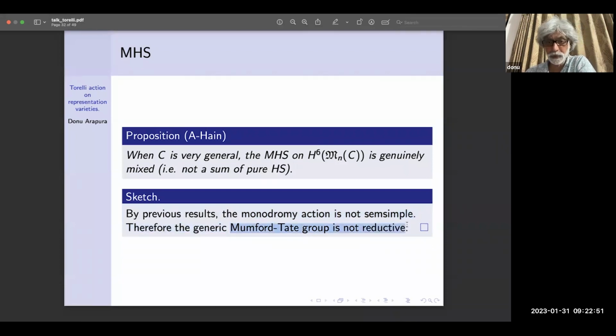And if it were pure and polarized, it would have to be reductive, by standard stuff in the story. So that means it's mixed. All right, in case you were wondering what the Hodge theoretic import of all of that is, this is where it's heading.